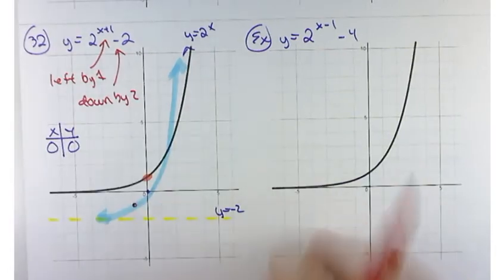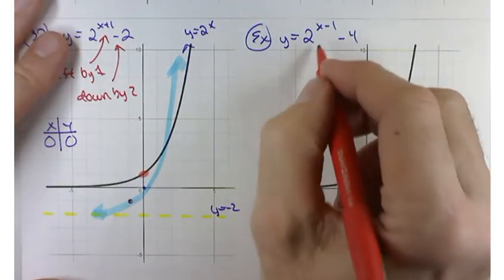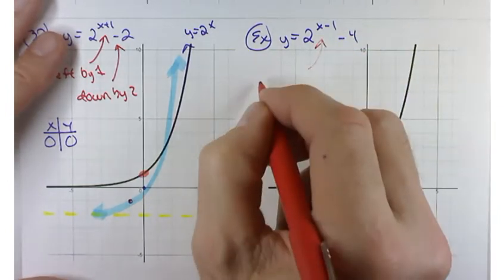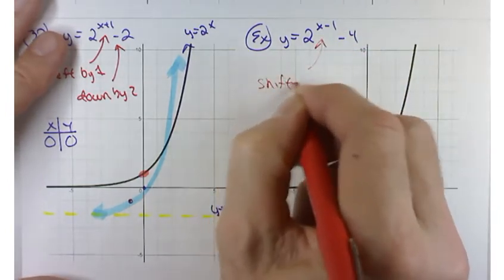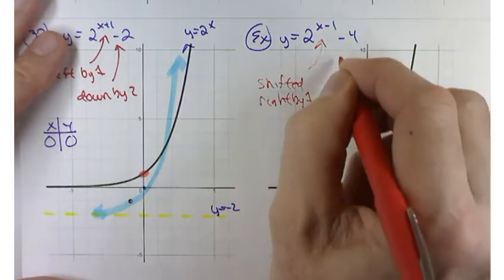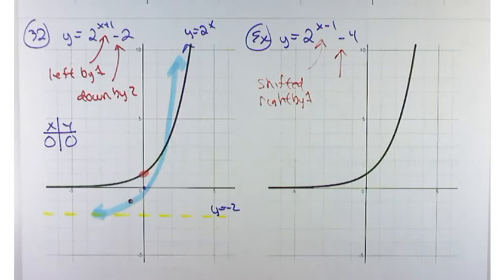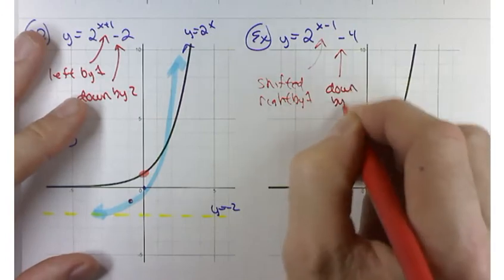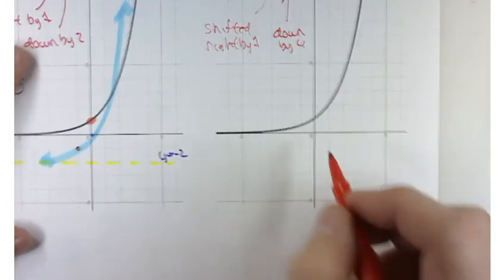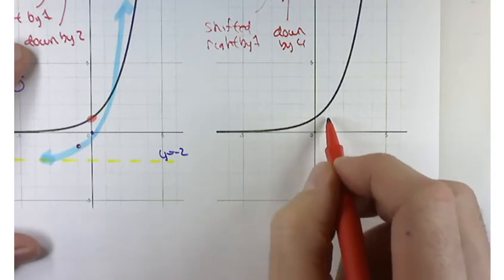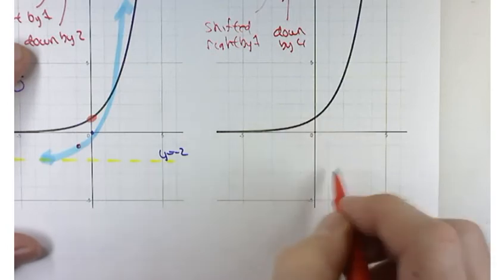Okay, so a couple things in terms of shifts here. What's the x minus 1 going to do? Good. Shifted right by 1. And what else? Down by 4. All right, right by 1, down by 4. So, to the right 1 and down 4. 1, 2, 3, 4.